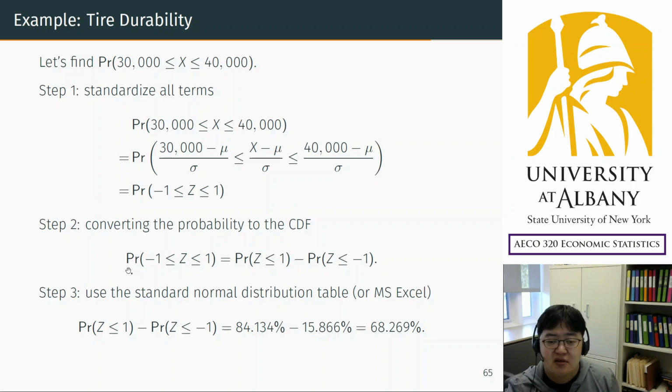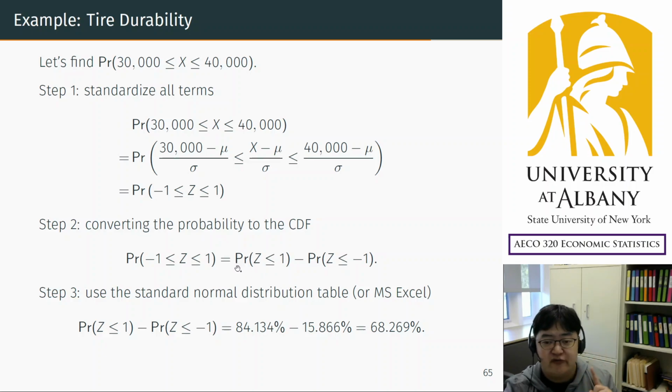And we learned that the probability between 2 points can be calculated by the difference between two cumulative probabilities. Probability smaller than the larger point minus probability smaller than the smaller point, right? So these 2 points, one goes here, the other side, -1 goes here. And then now you have to use Excel twice.